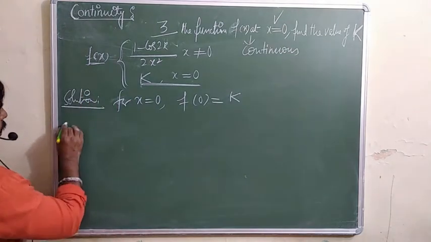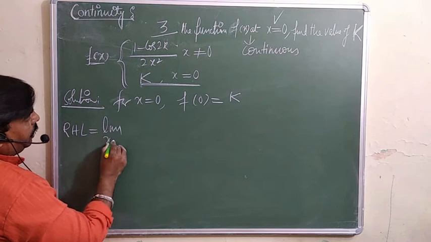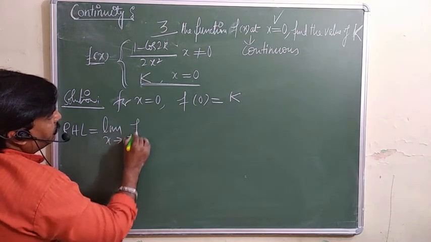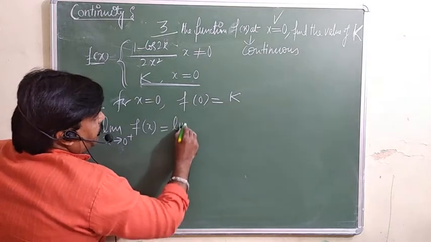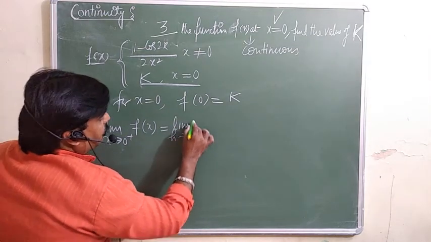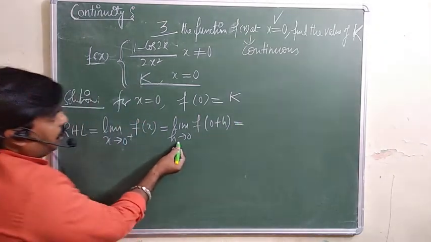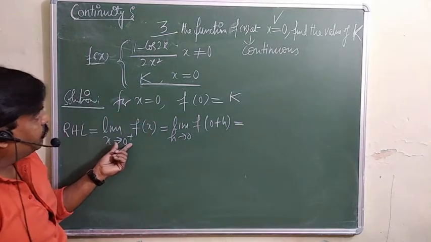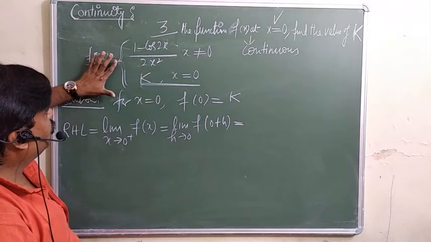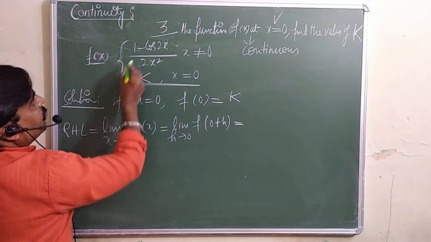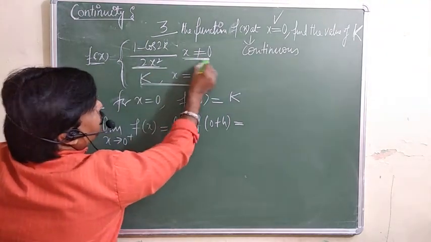For the right hand limit, limit x tends to 0 plus f(x) can be written as limit h tends to 0 of f(0 plus h). If x tends to 0 plus, your function will be equal to (1 minus cos 2x) over 2x square, because x is not equal to 0.